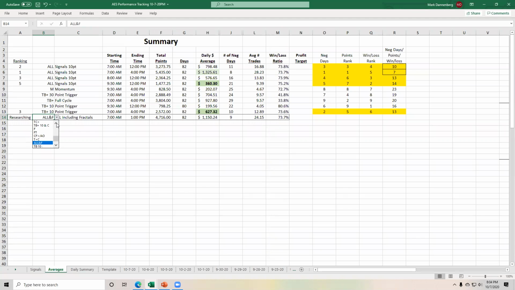Trend bias includes the trend bias plus trades, so it's just right here. That includes the trend bias plus. No, that one's not a continuation. That's what you mean by TB plus is continuation, I'm assuming. So it's just the normal TB plus 10, but not fractals. Correct. That one, right here, okay.